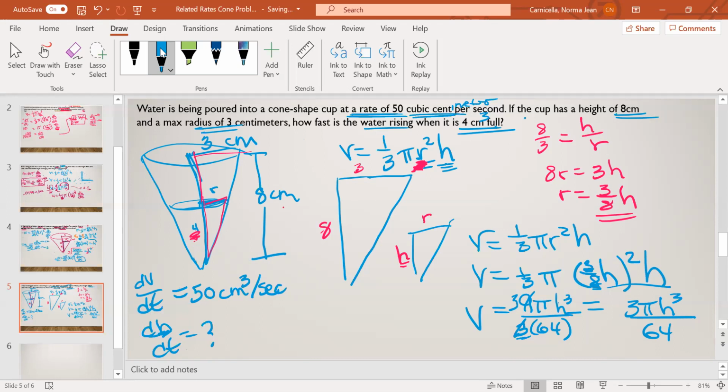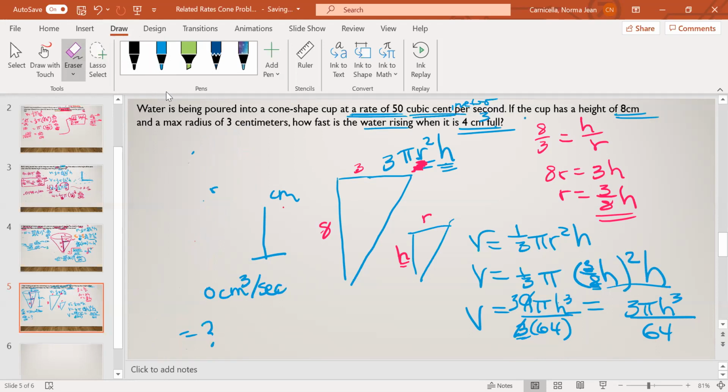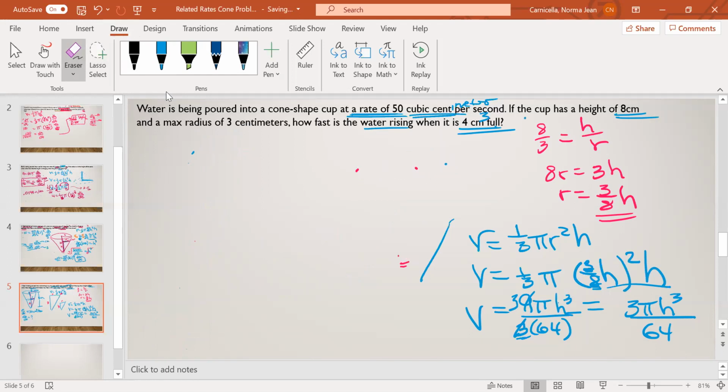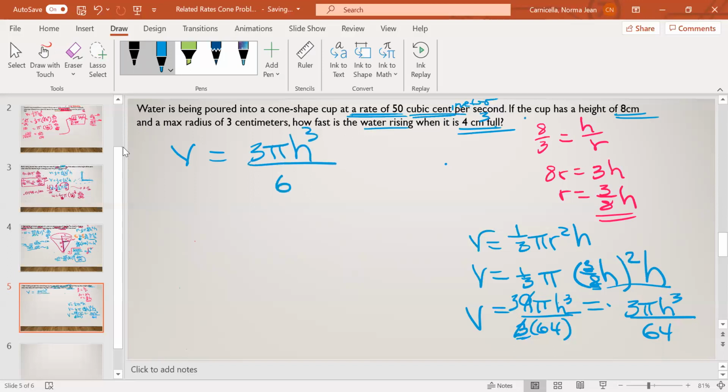But now I want to take, I hate to erase everything, but all right, so now I have volume equal to 3 pi h to the third over 64, but I want to find out the change in height.